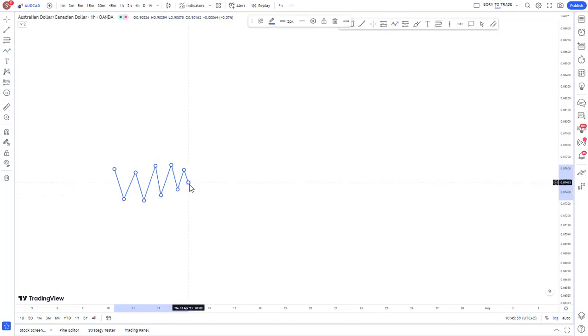Let me stop here and explain this. I have to change this color to black so it will look better. At this particular area, price is in what we call a range, and buyers and sellers are trading fairly. You see sellers took a sell right here, buyers took over at this area, sellers took over at this area.